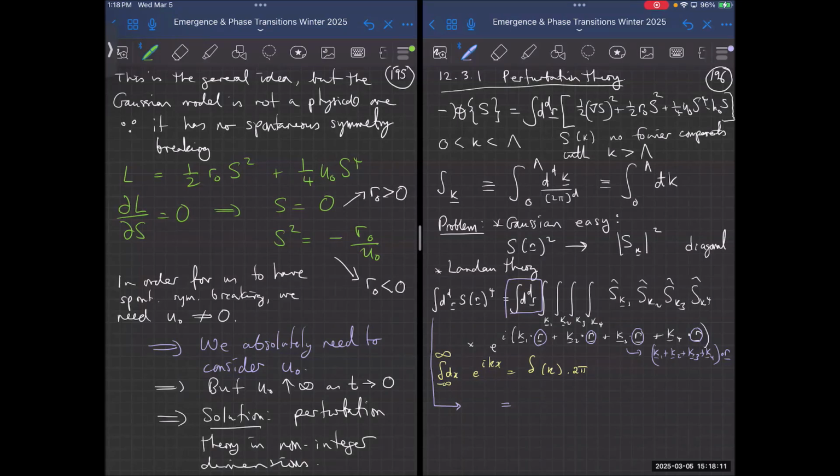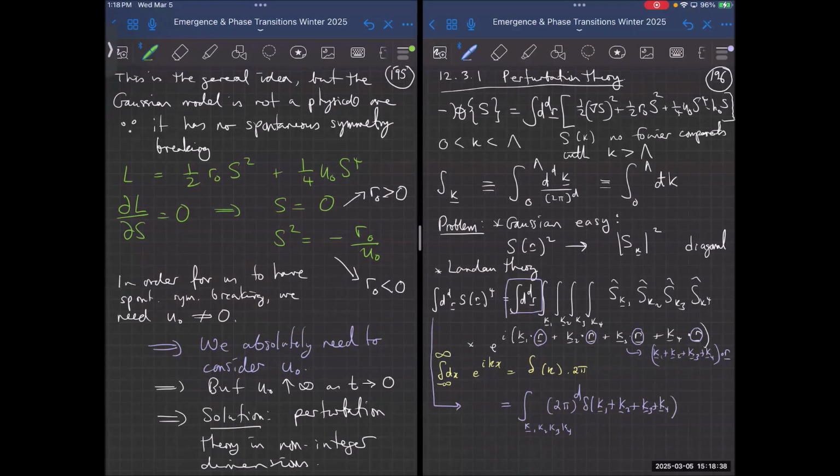So I can write this whole thing now, as the integral over r has gone, I've got the integral over k1, k2, k3, k4. I'm not going to write it all down. Then I've got 2 pi to the d, because I've got d dimensions. And then I have a delta function, delta of k1 plus k2 plus k3 plus k4.